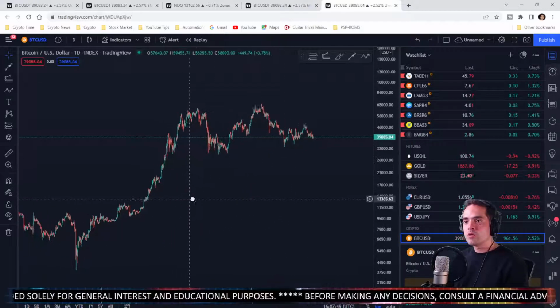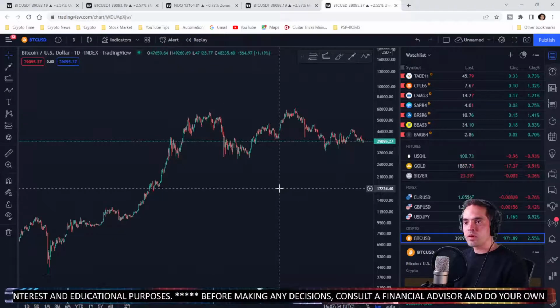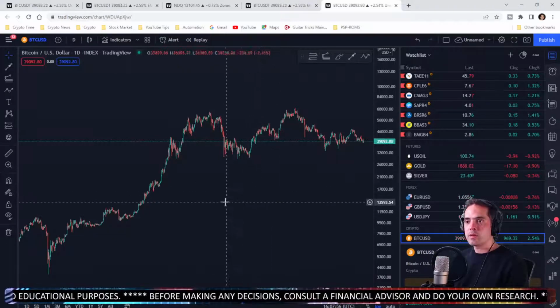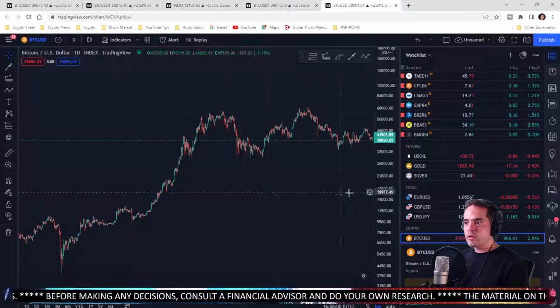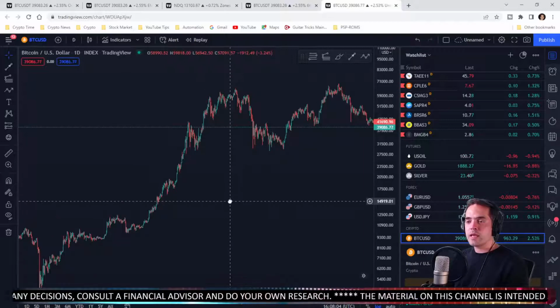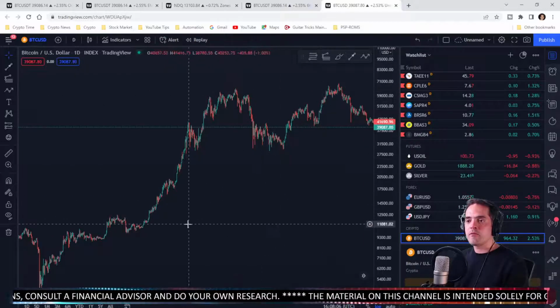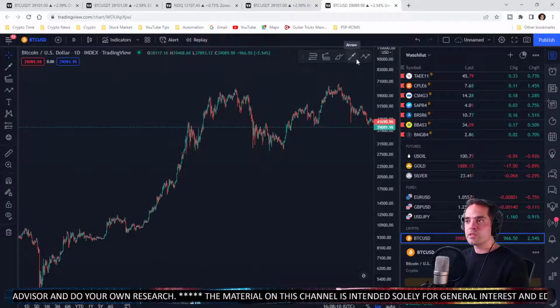Let's remove. So the first one I want to show you guys is the uptrend. Here we are, Bitcoin daily chart. Let's zoom in. So the idea here is to select the first movement, so the beginning and the end of the first movement.